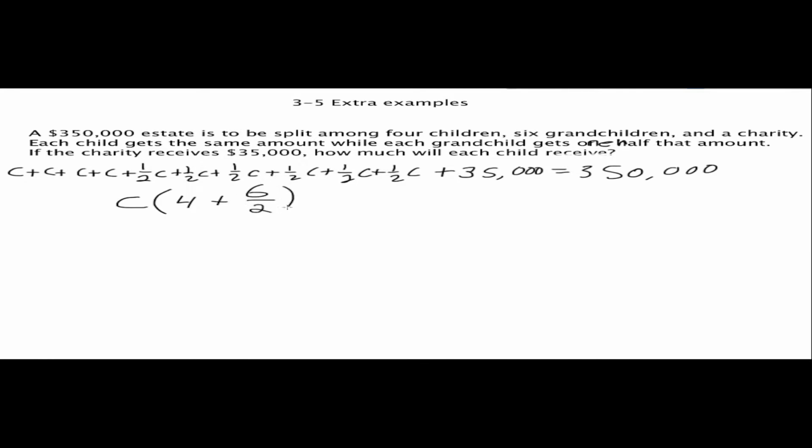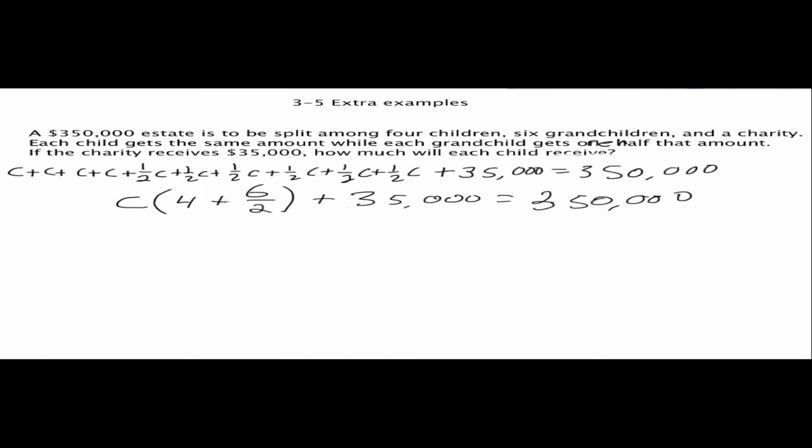Plus $35,000 equals $350,000. So C times 4 plus 6 halves.